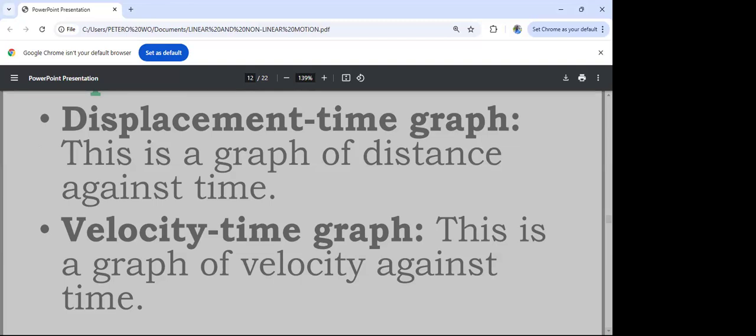So a velocity time graph has velocity on the vertical axis, and it has the time on the horizontal axis. So that is what we are going to be doing for each and every motion that we are going to look at here.